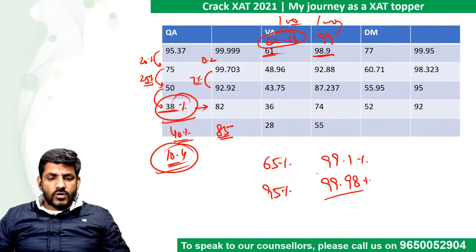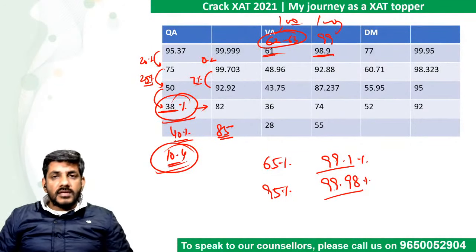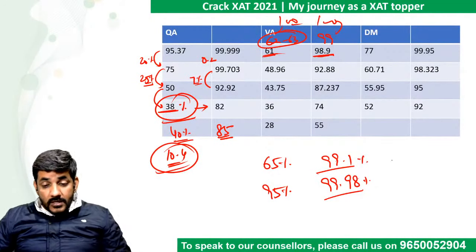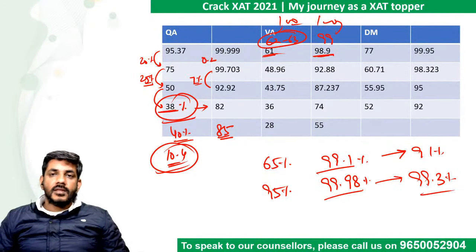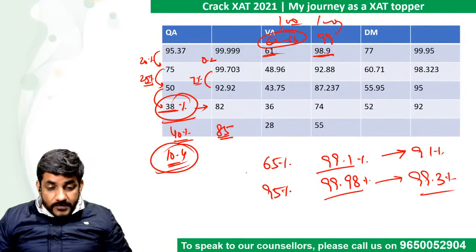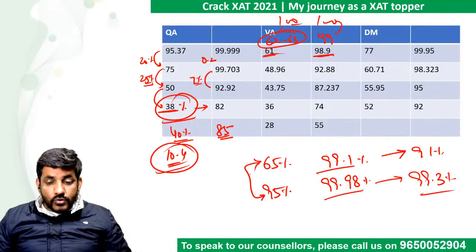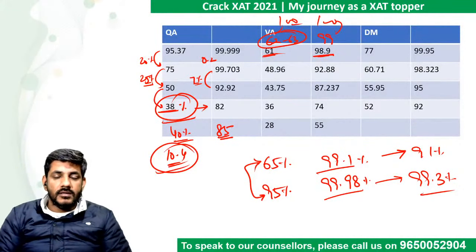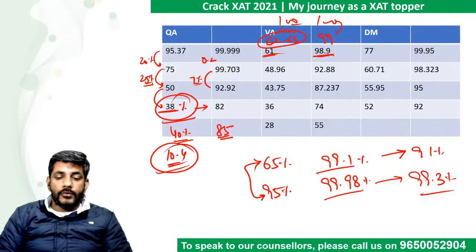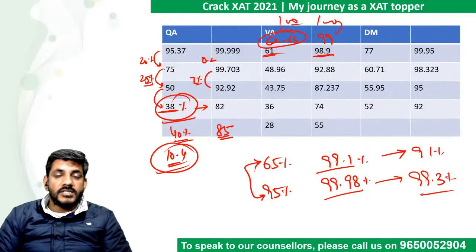There is not much difference between 99.1 and 99.98. But the overall percentile of this guy might be 91, and the overall percentile of that guy might be 99.3. Because of this increase in score, it will increase your overall percentile by a lot. There it will definitely help you a lot, and it can make a major difference.